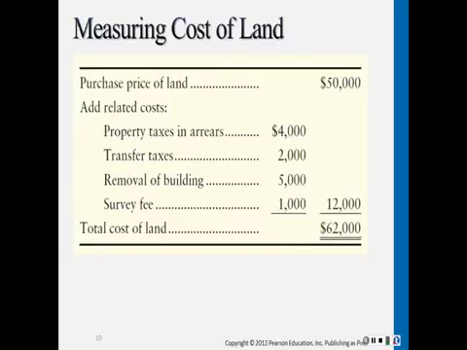Suppose a company needs property and purchases land for $50,000 with a note payable for the same amount. It also pays cash as follows: $4,000 in property taxes in arrears, $2,000 in transfer taxes, $5,000 to remove an old building, and $1,000 survey fee.